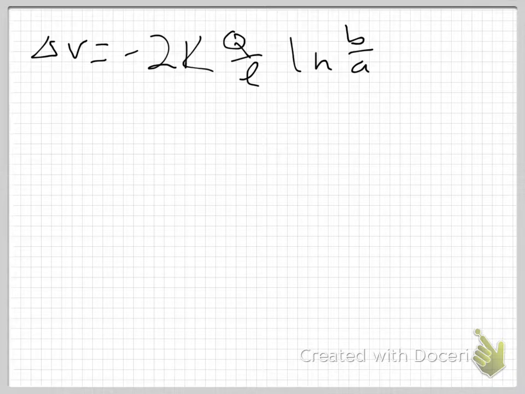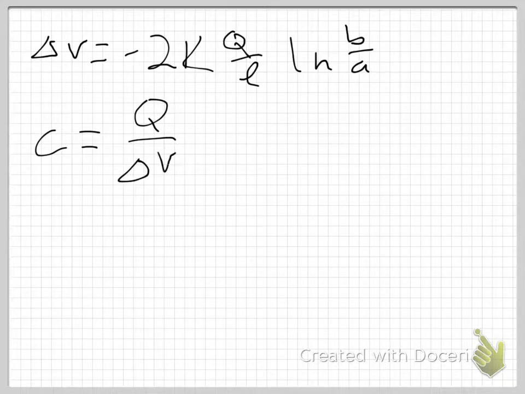Alright, so now let's form the capacitance. Capacitance is the charge over the potential difference. Now remember, this is a little bit tricky to remember. Capacitance is a positively defined quantity, so all I'm interested in here is the magnitude of the change in potential.